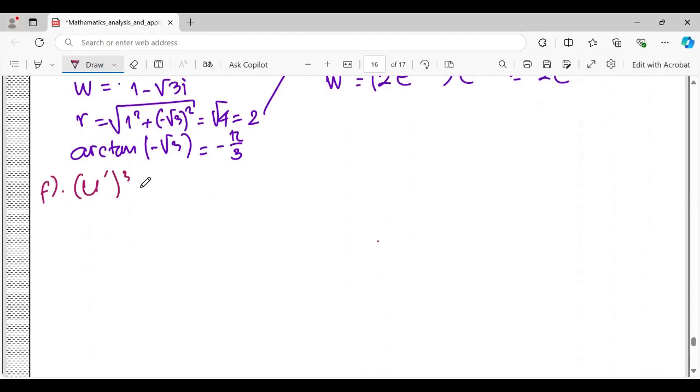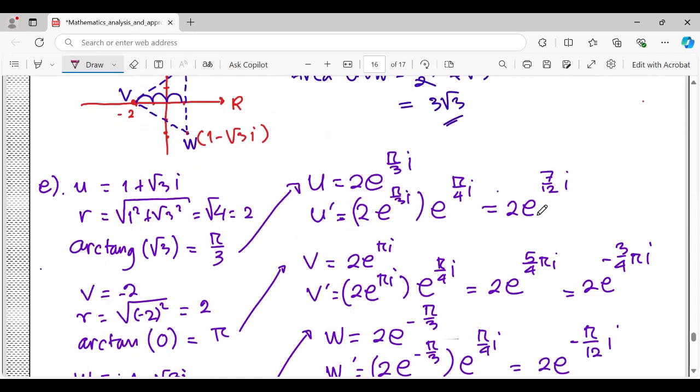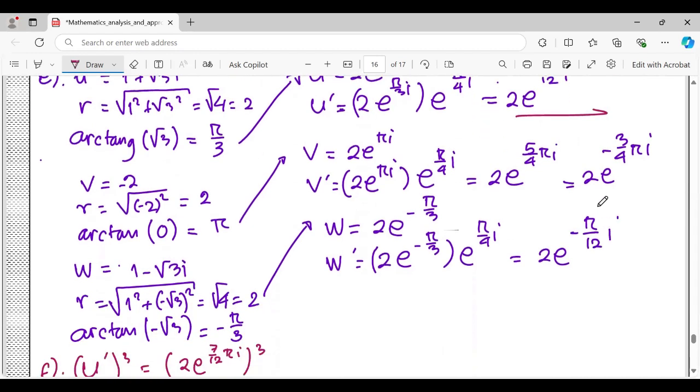Okay, Ux n cube. It will be 2e power 7 over 12 pi I cube. Okay, and so this number from this one, later on one, and after that this one.